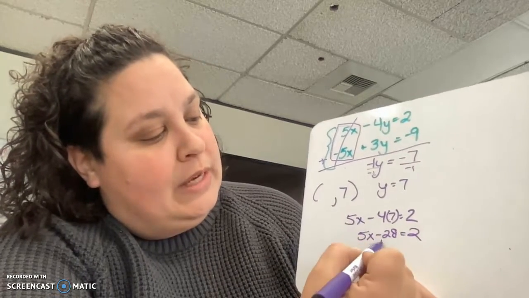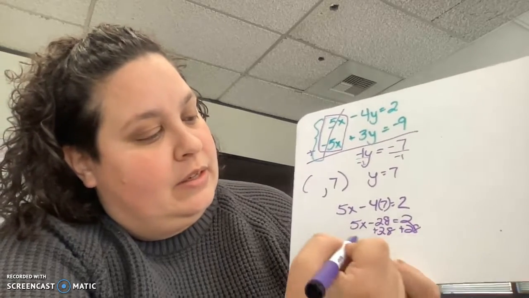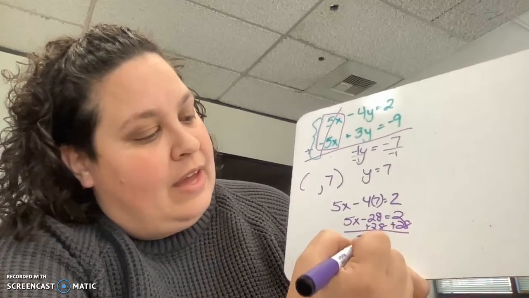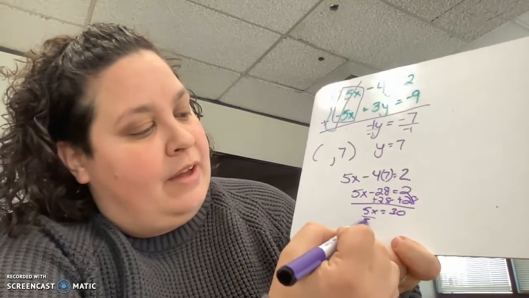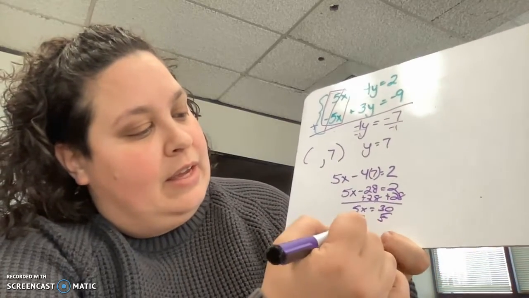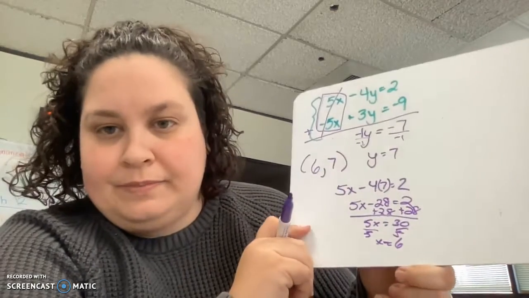I'm going to move the 28 over by adding 28 to both sides. And I end up with 5x equals 30. And then divide by 5, and get x equals 6. So that's my first easier problem because I don't have to do much of the eliminating part.